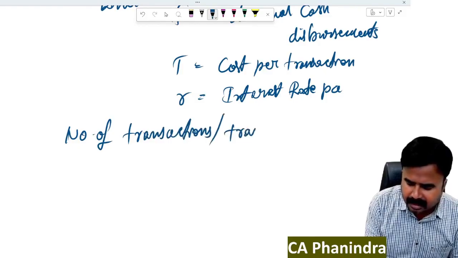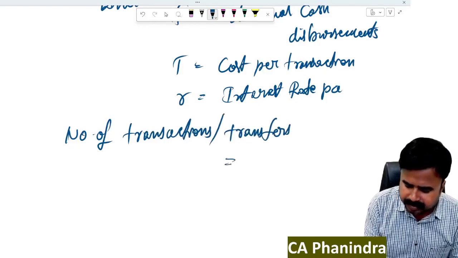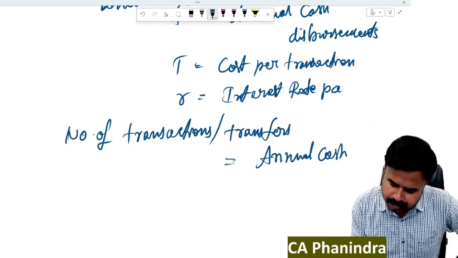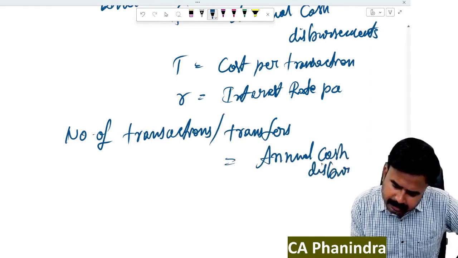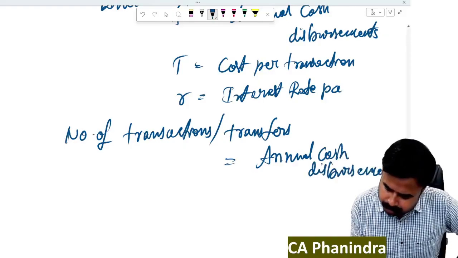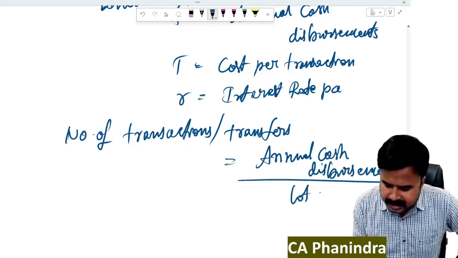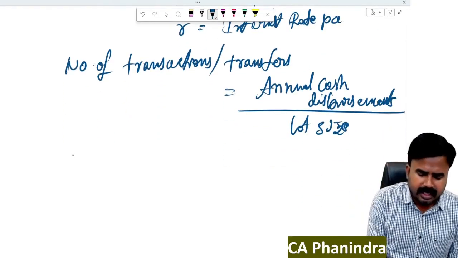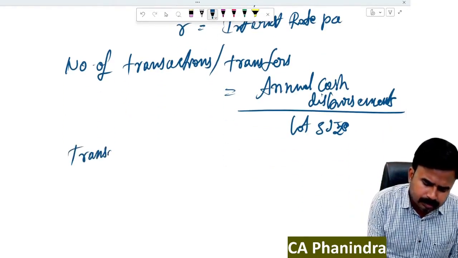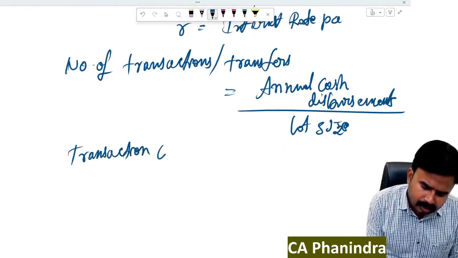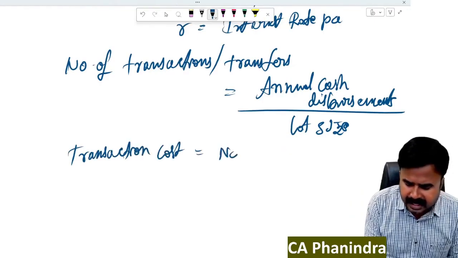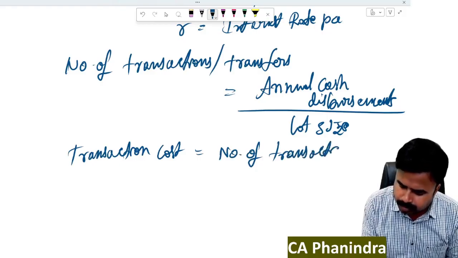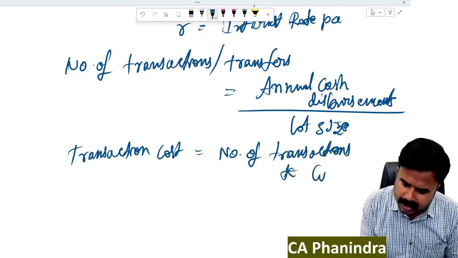Number of transactions or transfers is equal to annual cash disbursements divided by the lot size. This is just similar to the EOQ model actually. Then transaction cost is equal to number of transactions into cost per transaction.